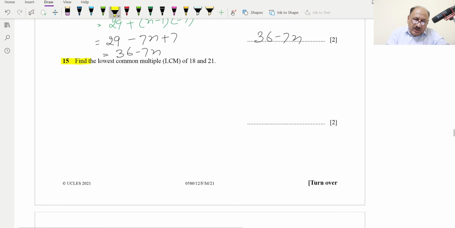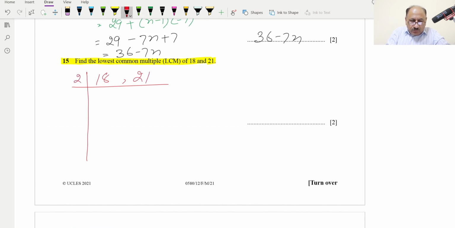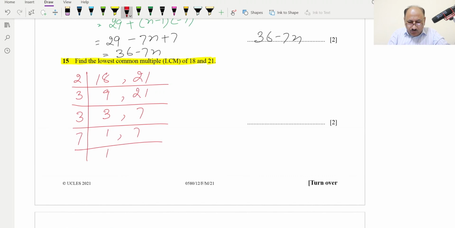Question 15, find the lowest common multiple, LCM, of 18 and 21. We can use the division method for this one. So we will write here 18 and 21. We will divide by the smallest prime, so it will be 2. 2 9s are 18, and if it is not completely divisible, we will write it as it is. Now with 3, 3 3s are 9, 3 7s are 21, and then again with 3, so 1 and 7, and now with 7, so 1 and 1.